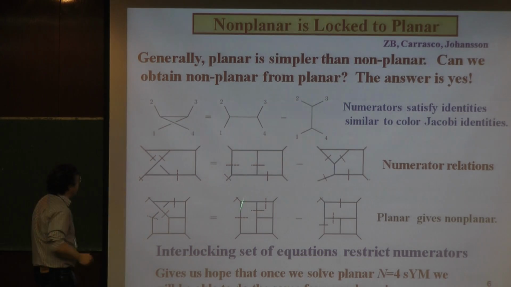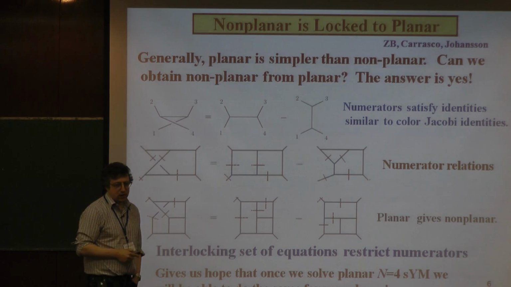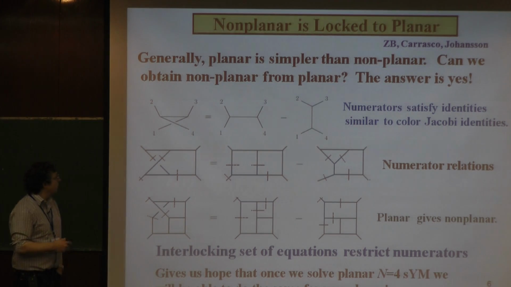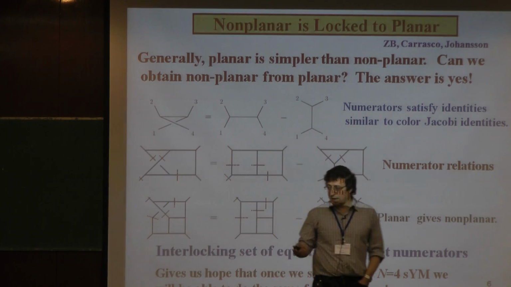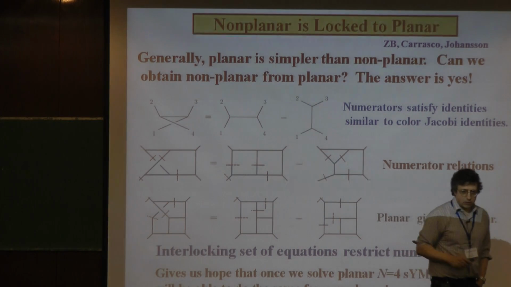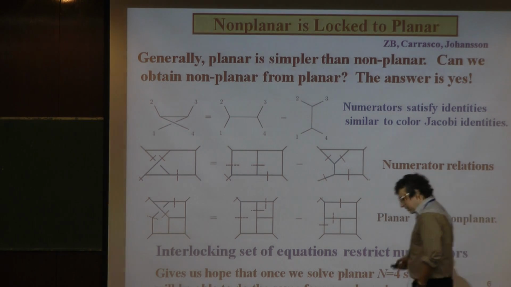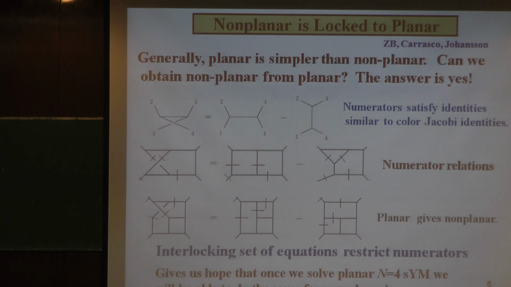Another reason why this is important is there's really been a tremendous advance in planar theory and planar n = 4 Super-Yang-Mills. And you would like to carry the information that we learned from the planar theory. For example, Nima is going to speak about dual conformal invariants. And that's something very powerful in the planar theory. What this duality between color and kinematics does is it allows you to carry information from the planar theory into the non-planar theory.